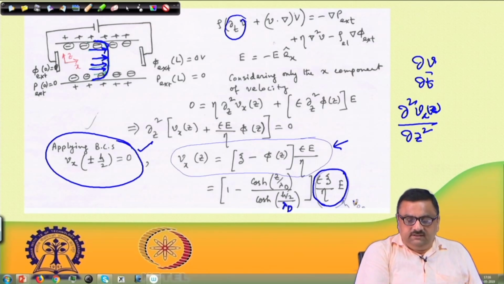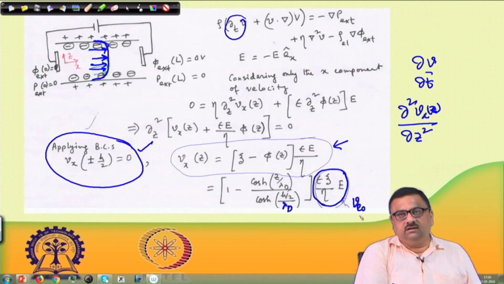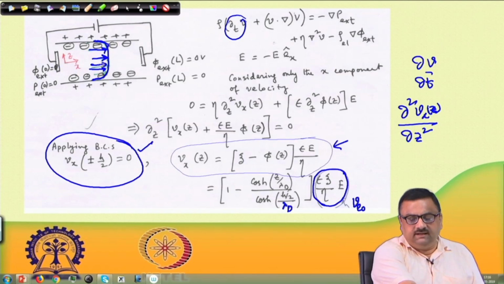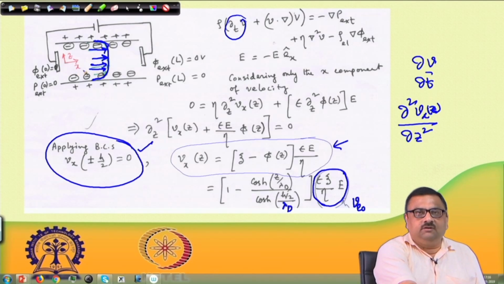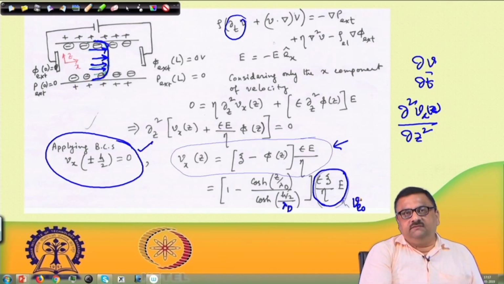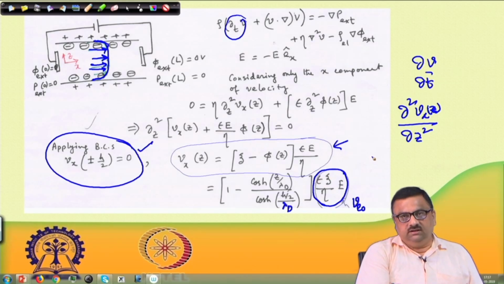This is known as the electroosmotic velocity. If somebody does not bother much about the details, they can very well say that if I apply a voltage gradient, then I can expect an electroosmotic velocity to develop within this fluid, and the magnitude of this electroosmotic velocity is given by epsilon zeta by eta into E. Eta is the viscosity of the fluid.